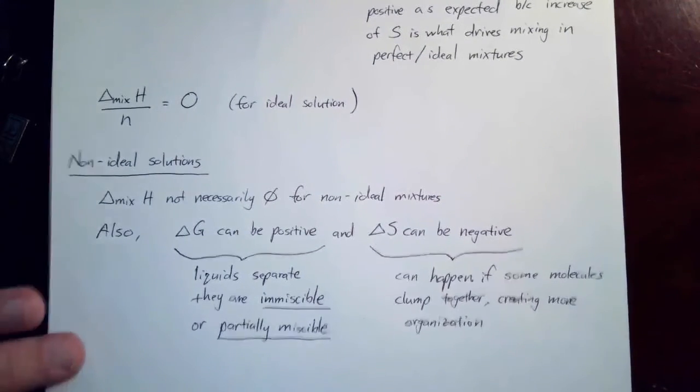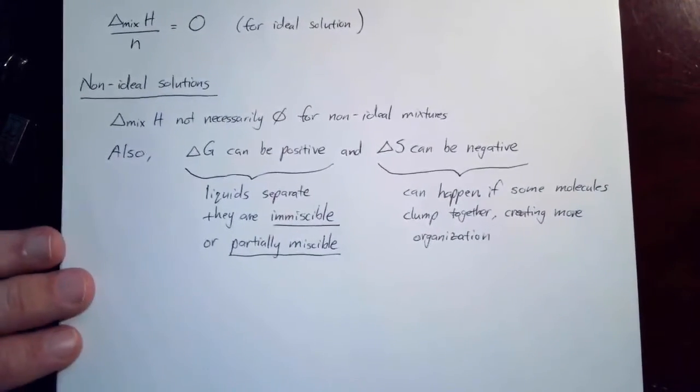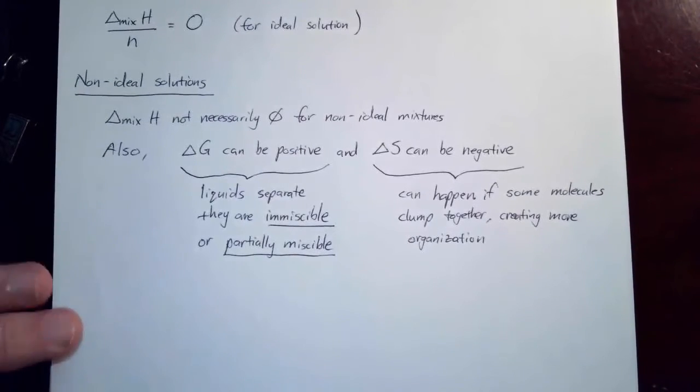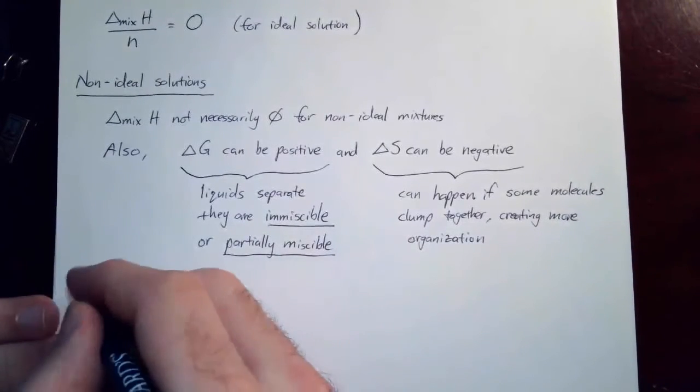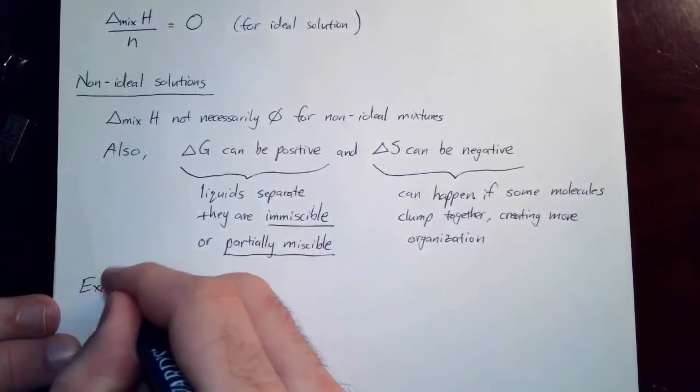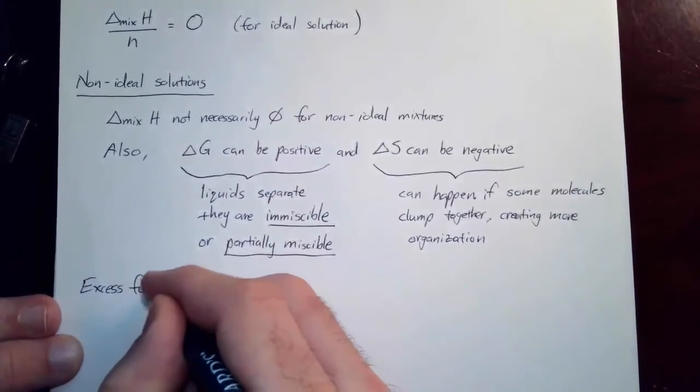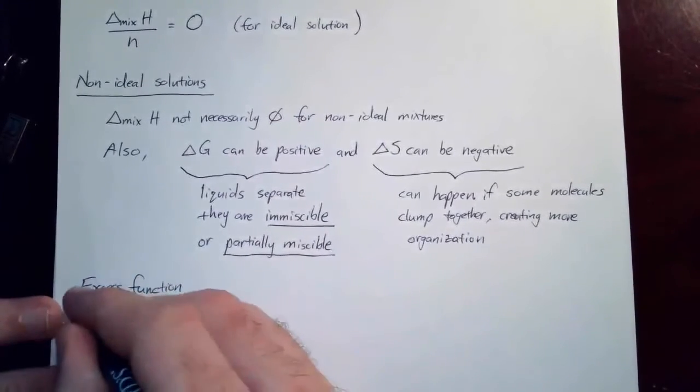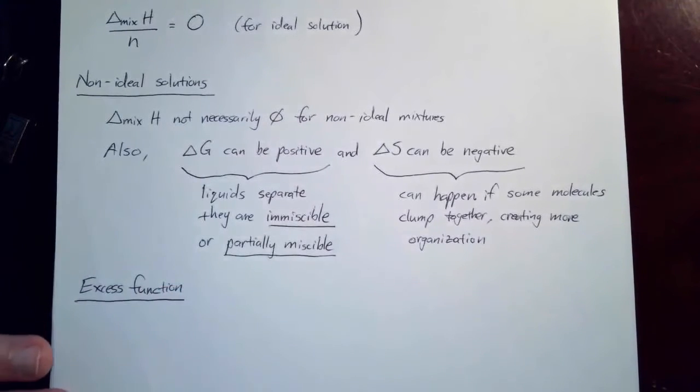Okay, so not every solution is ideal. Let's start to quantify this, and we're going to quantify this with something called an excess function. This basically tells us how much it departs from ideal behavior.